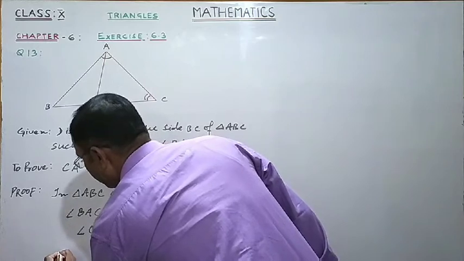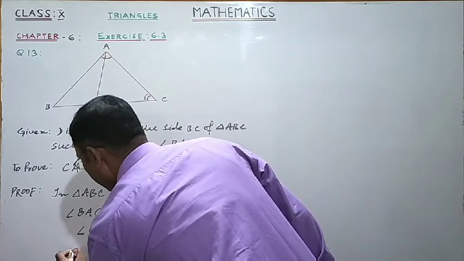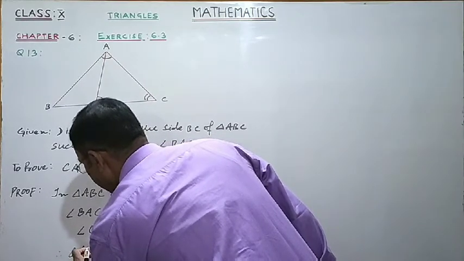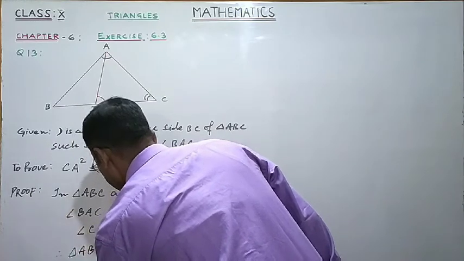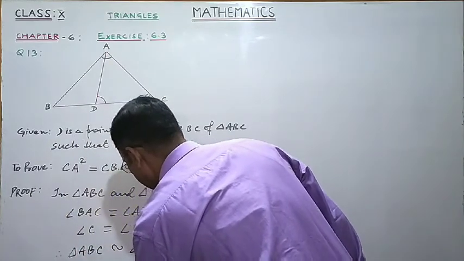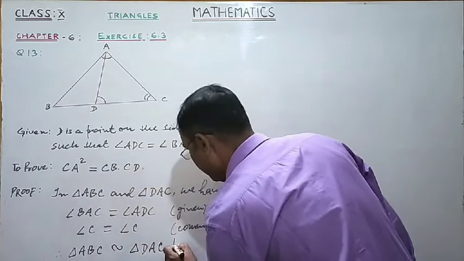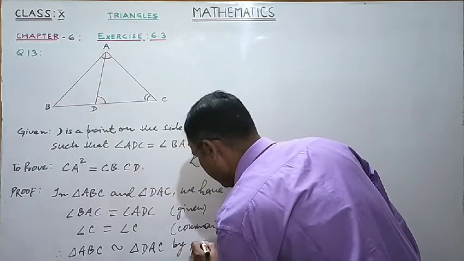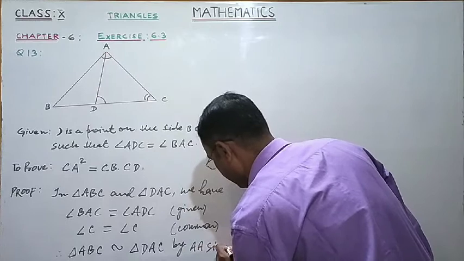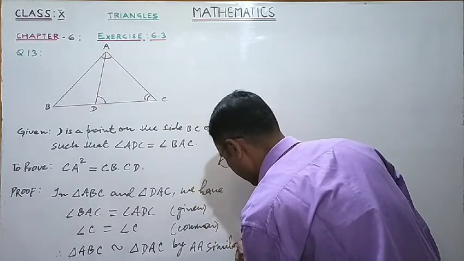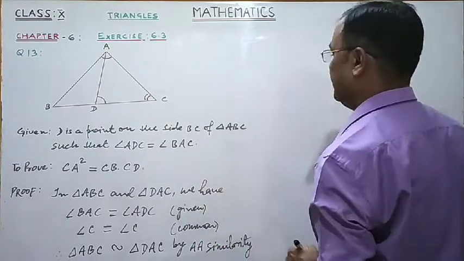So therefore, triangle ABC is similar to triangle DAC by angle similarity.